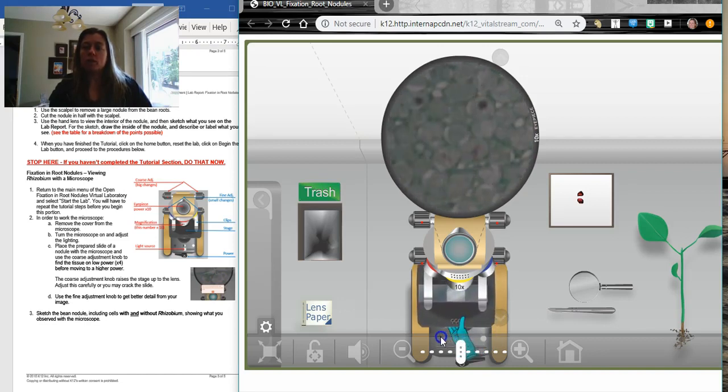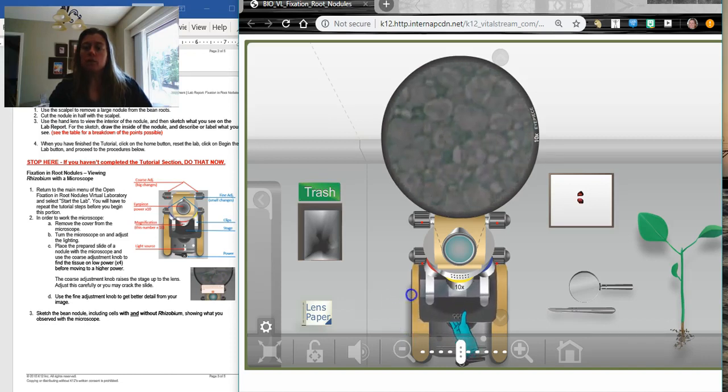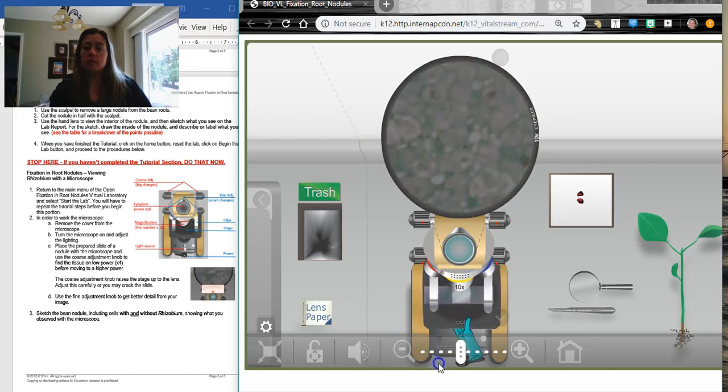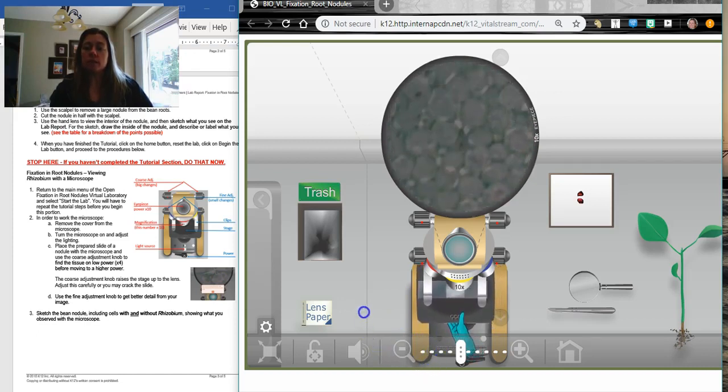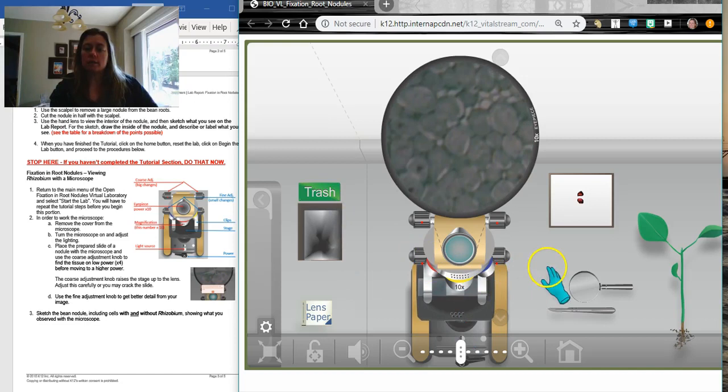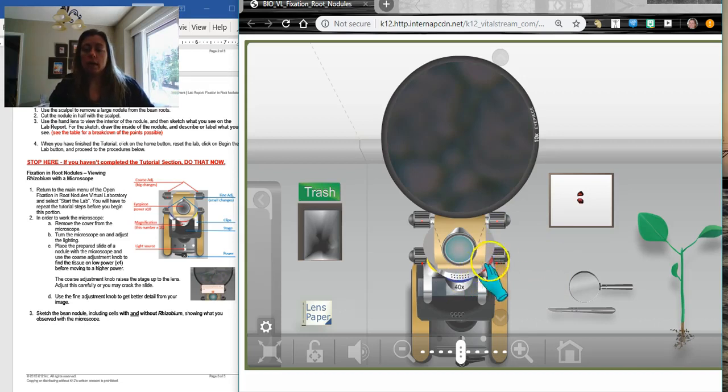Let's move it over because I thought we saw some cool color somewhere in here. When you zoom in more, you need to realize you might lose what you had in the center. Only what's in the center is what you zoom in on. So if it was somewhere on the edge, you might have lost something. So this looks interesting. Let's look at this. Okay. So I'm going to go to high power now, and I'm going to do the fine adjustment again.